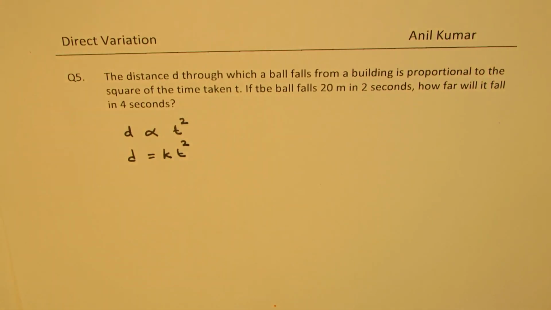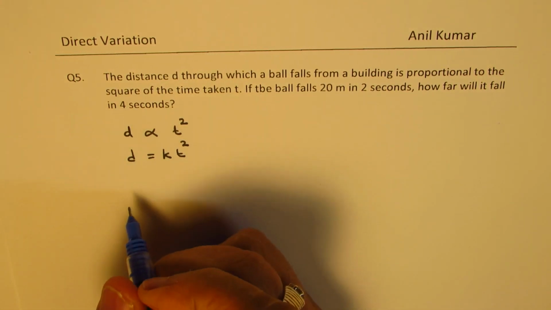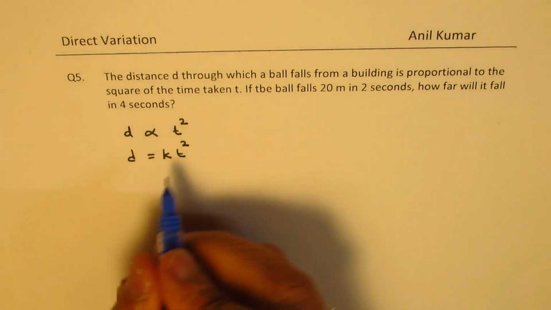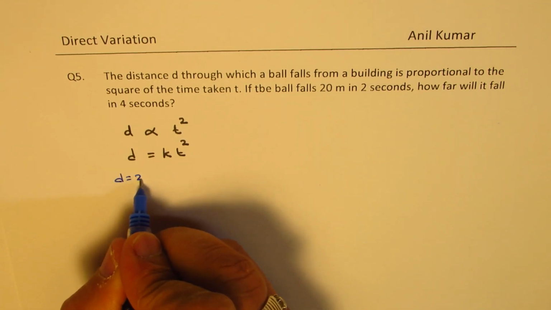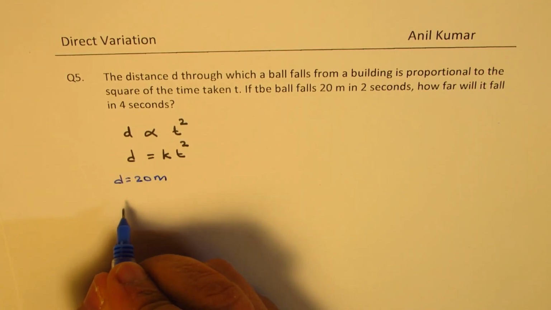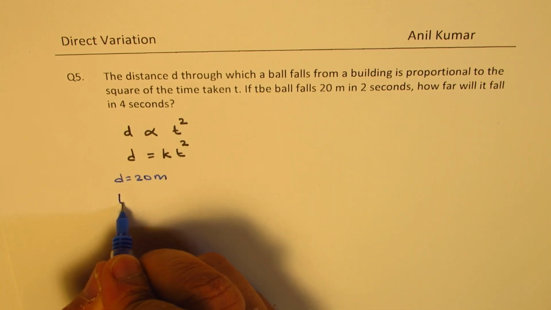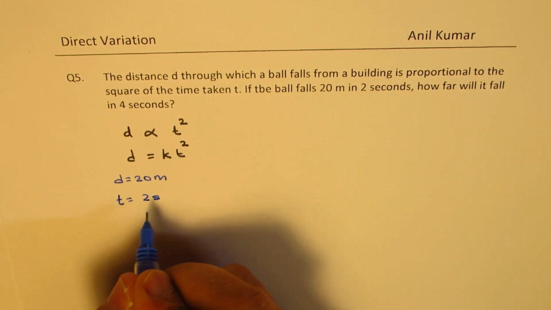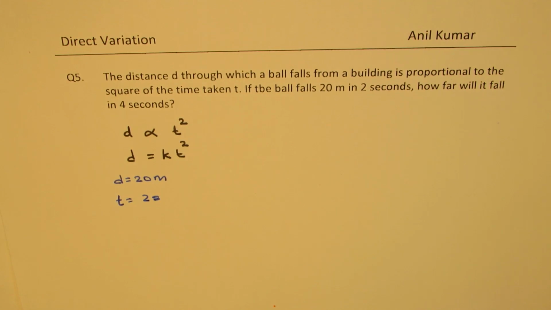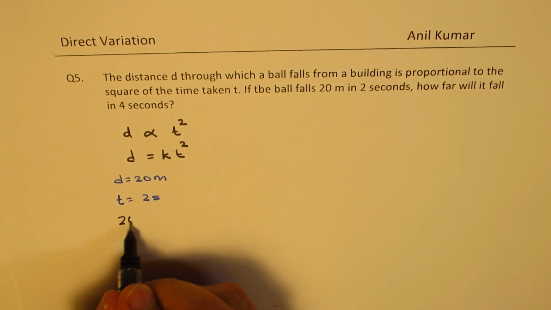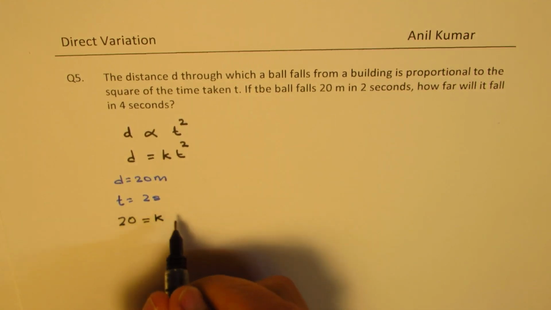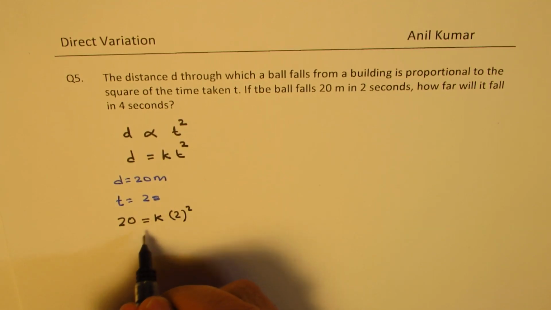To find the value of the constant, we'll substitute the given values. If the ball falls 20 meters, so if d is equal to 20 meters, in that case, time t is 2 seconds. So substituting these values, d of 20 meters and time of 2 seconds, we can find the value of k.